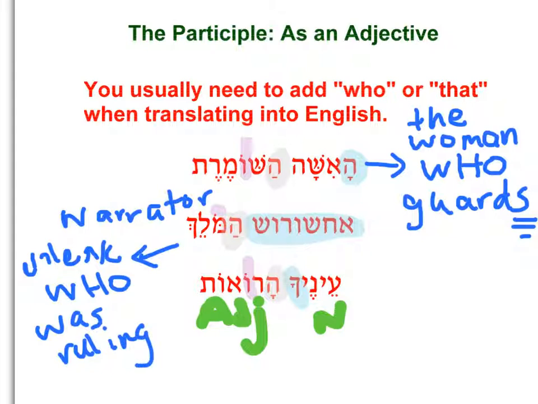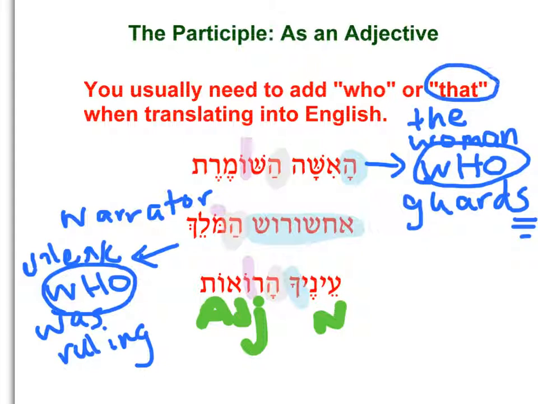Now, this is an English issue: you use the word who when you're referring to people, but you use the word that when you're referring to objects. I'm not going to be specific when you're translating, but just be aware of that for your English expression if you choose to be accurate.